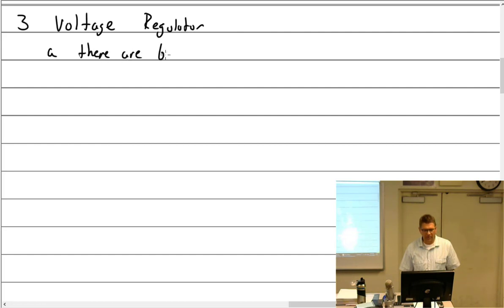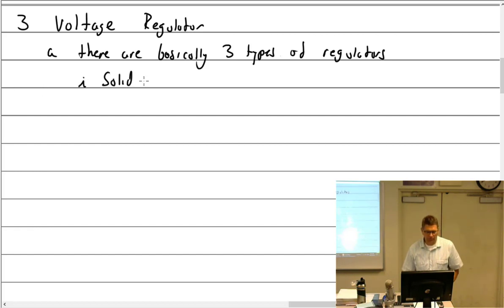There are basically 3 types of regulators. You've got solid state, that means it's all electronically controlled.